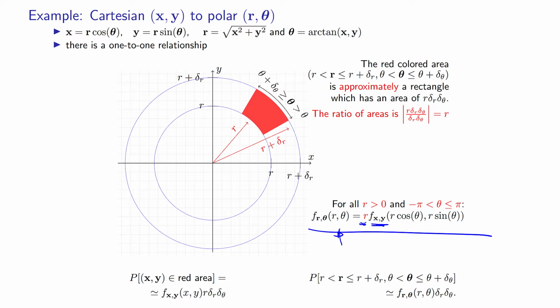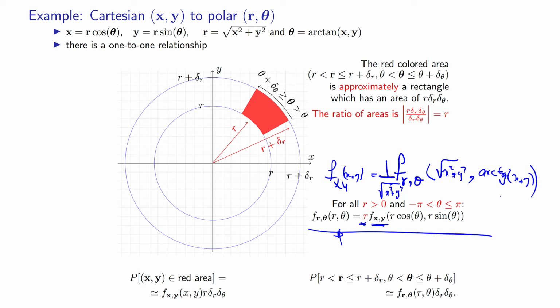Or if you know the distribution f of r and theta and you want to calculate the distribution f of x y of x and y, you have to get 1 divided by r, which is the square root of x squared plus y squared, and then write the square root of x squared plus y squared and arc tan of y over x.